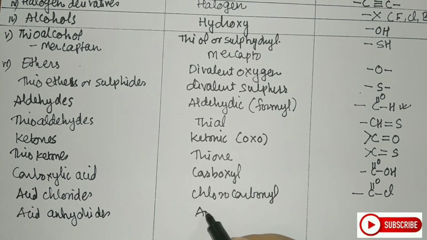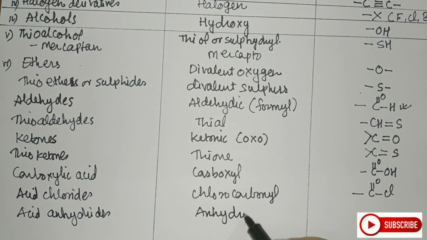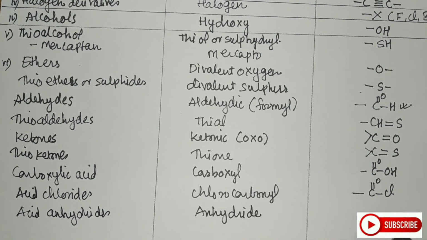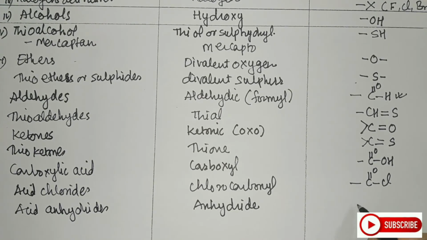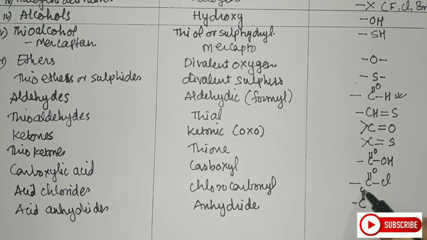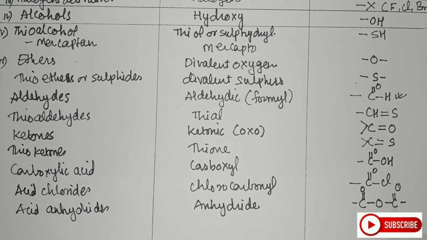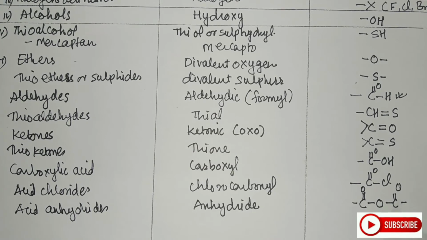They are simply called anhydride, and it is represented by C double bond O, and in between the two carbons there is an oxygen group. So this is the functional group or the structure of the functional group.